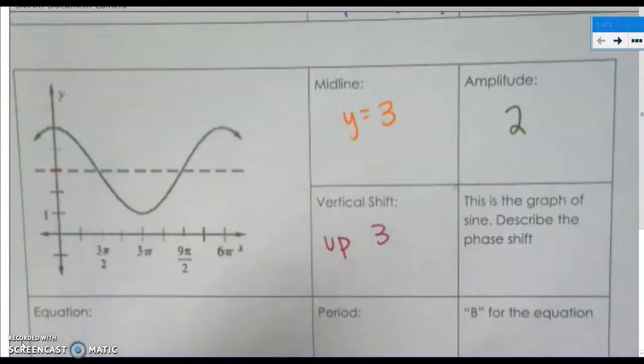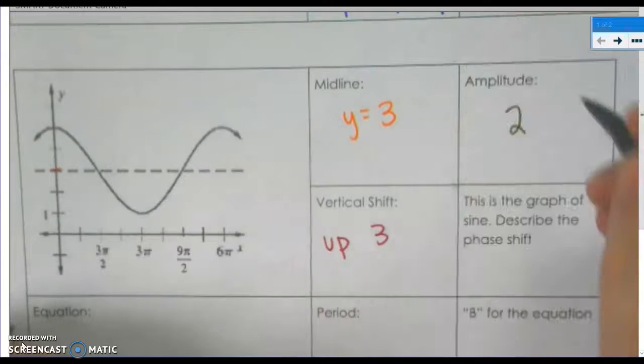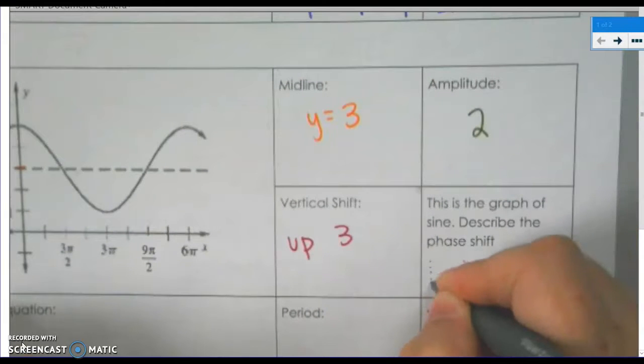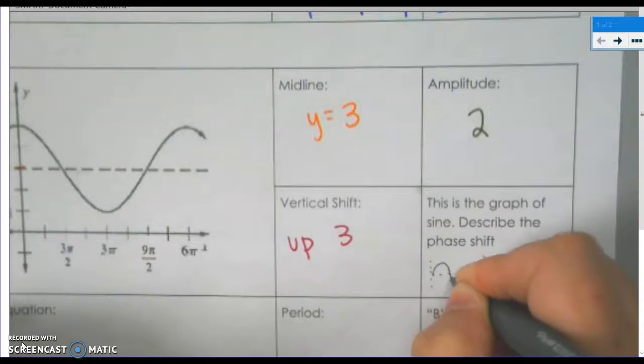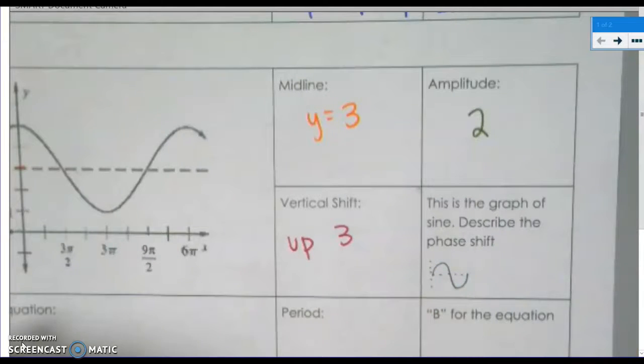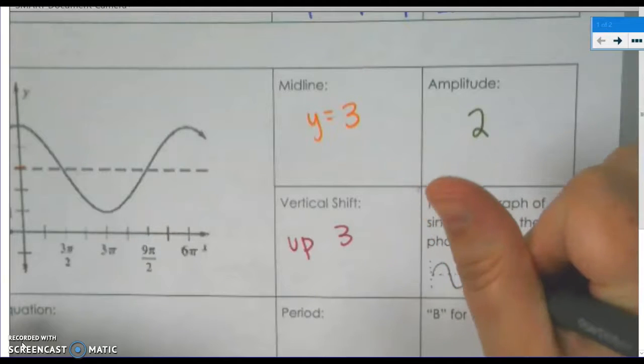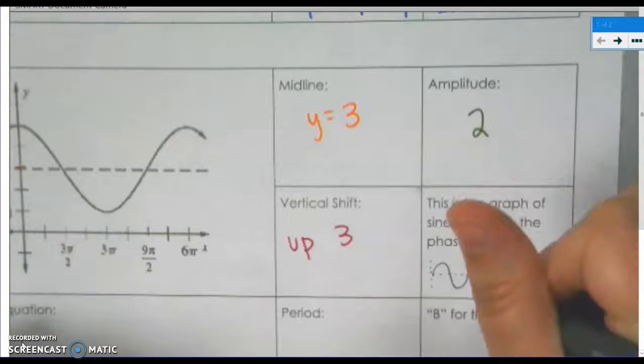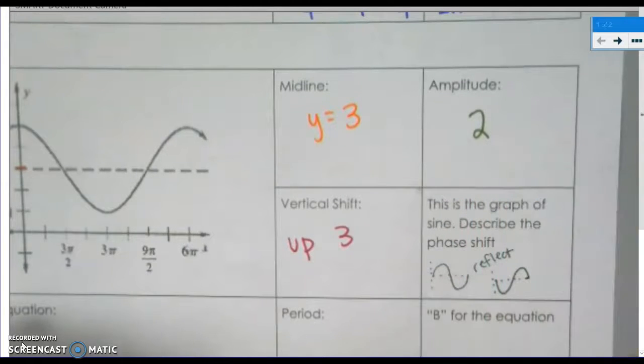So again, I'm looking for that curve. Now that curve is not particularly easy to find on this graph. So what I can do, so that I'm only using the part of the graph that I can actually see, is I can reflect this and instead of going up first and then down, I can reflect it so that it goes down first and then up.